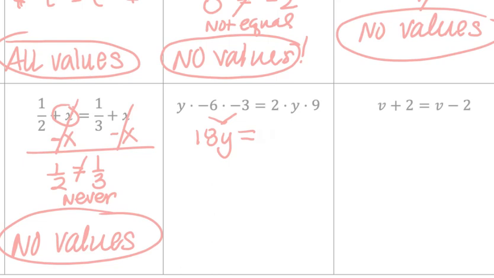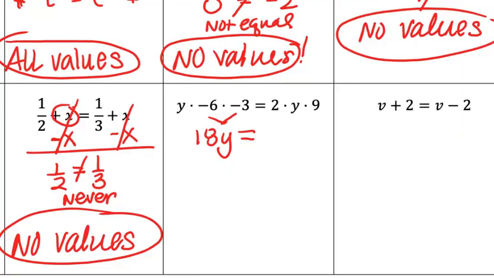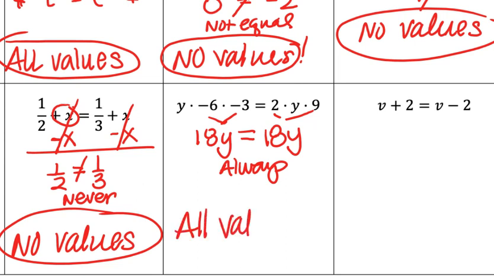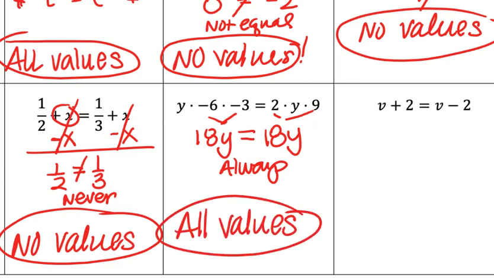Let me give this a second. There we go. 18y equals 18y, because of the 2 times the 9. Now, I don't need to divide each side unless you want to, because 18 times a number is always going to equal 18 times a number. The left side is literally the exact same thing as the right. So this is all values.